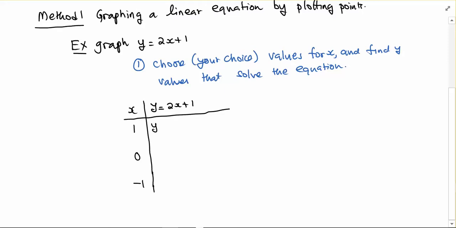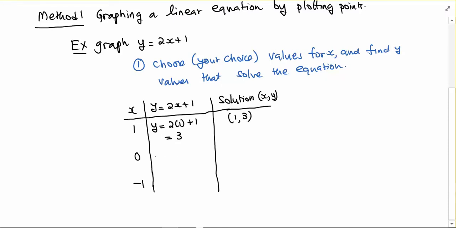So y would have to be, in order to be a solution, 2 plus 1 is 3, y would have to be 3. So the solution x, y would be 1, 3.